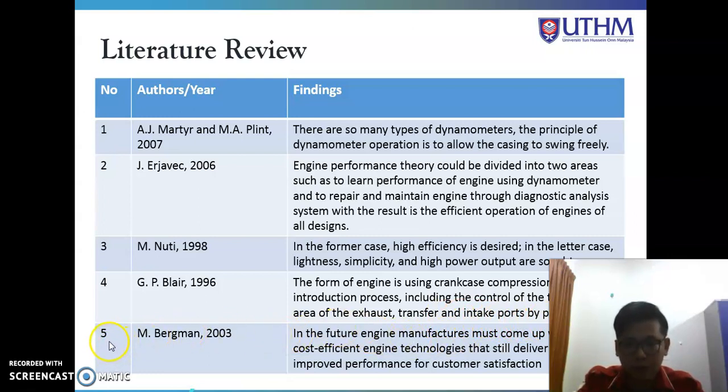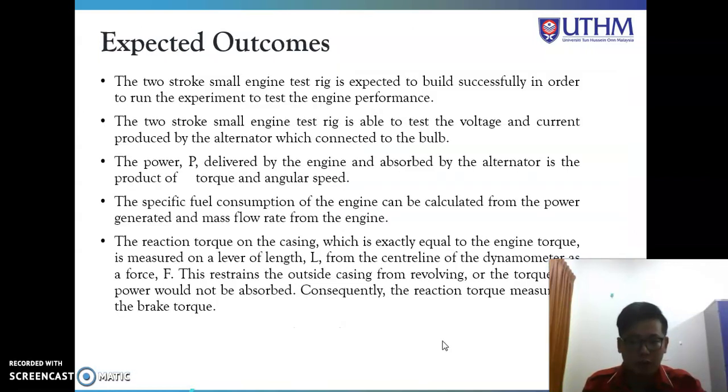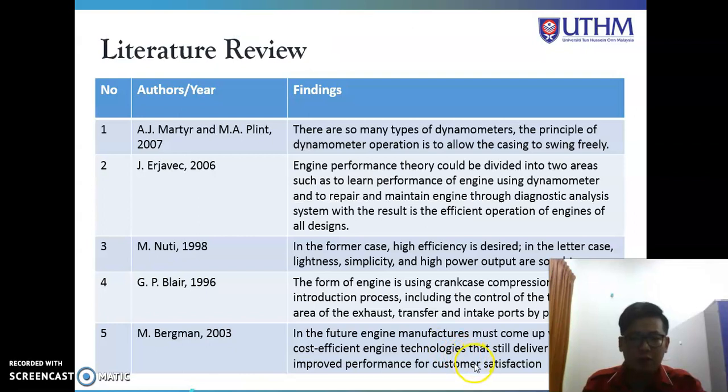And the fifth, M. Bergman in 2003. In the future, engine manufacturers must come up with new cost-efficient engine technologies that still deliver the same or improved performance and customer satisfaction.